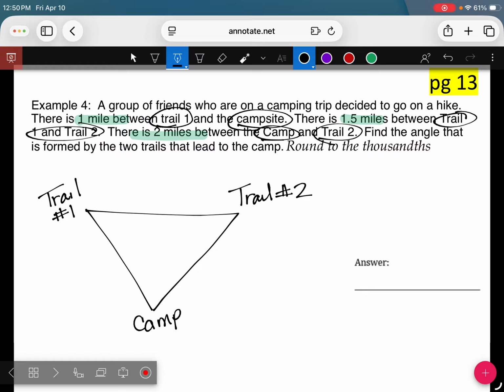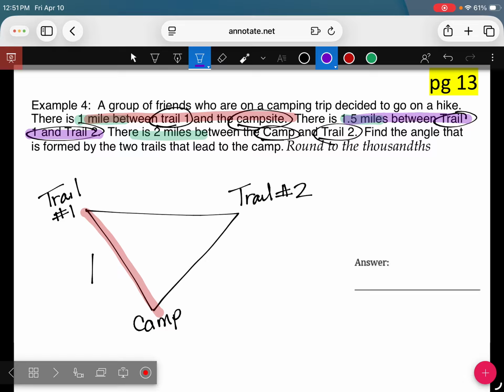So now we're filling in our numbers. It's 1 mile between trail 1 and the camp. So trail 1 and the camp, that would be this side. So we're going to put a 1 right there. Then there is 1.5 miles between trail 1 and 2.